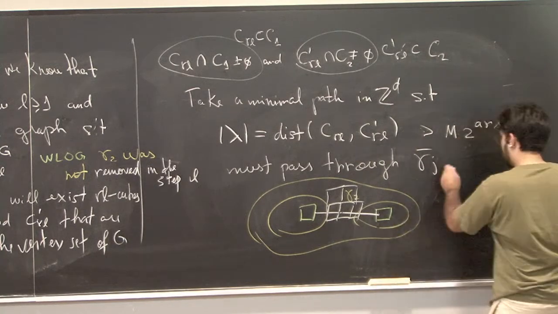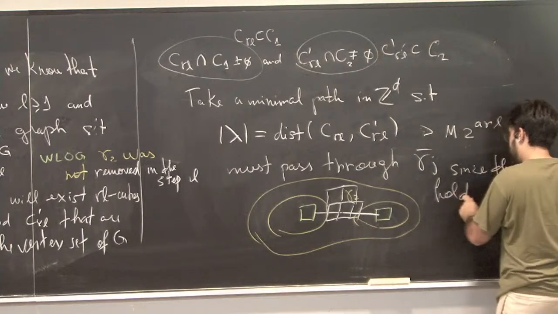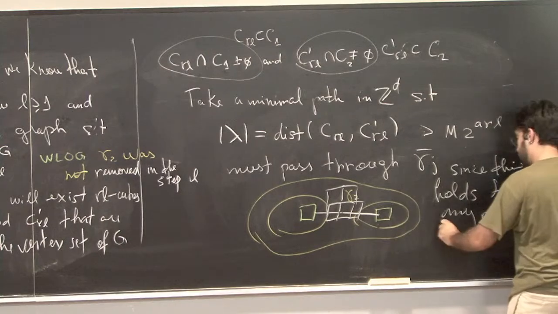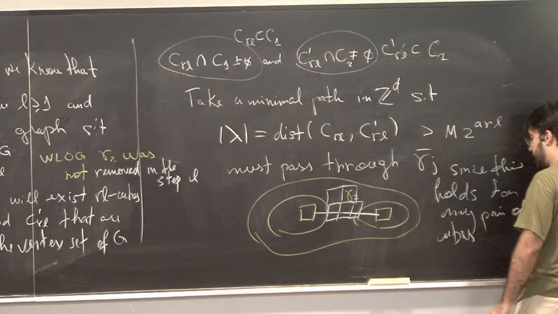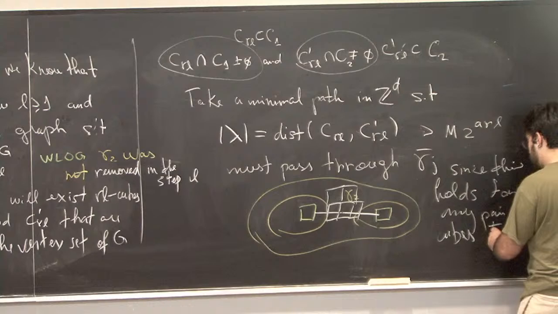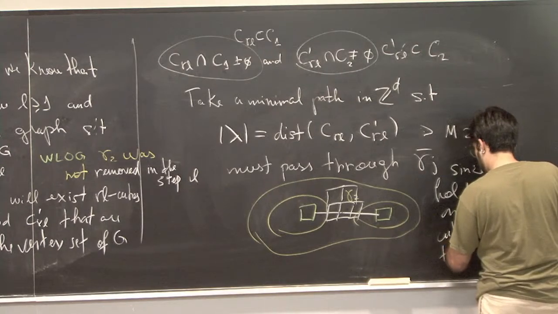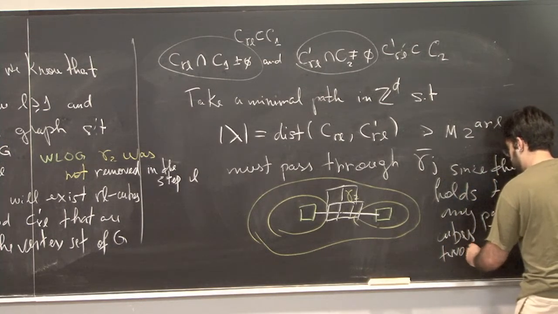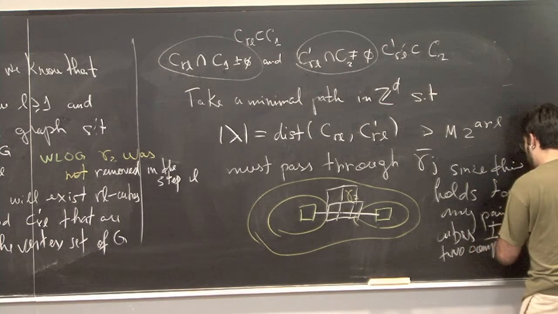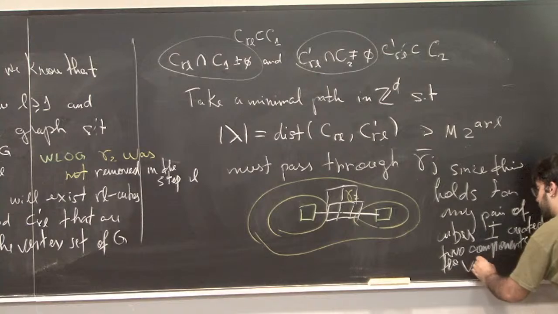So since this holds for any pair of cubes, this means that I created two components of the vertex set that are not connected.